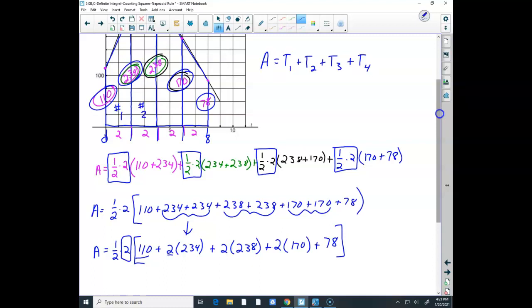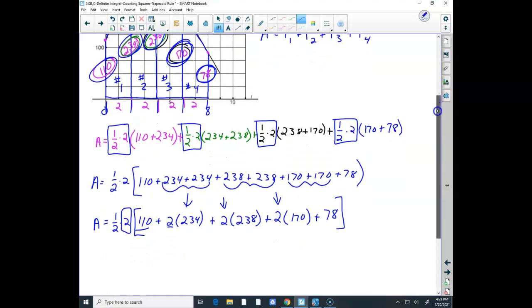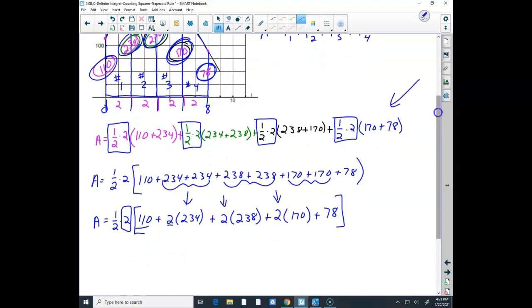That's why there's 2 of them there. And 238 was used for number 2 and number 3. That's why there's 2 of them there. And for trapezoid number 4, 170 was also used twice. But see, these end legs, 78 was only used once, okay? So that really eases up our calculations, so we don't have to write it all out like this.